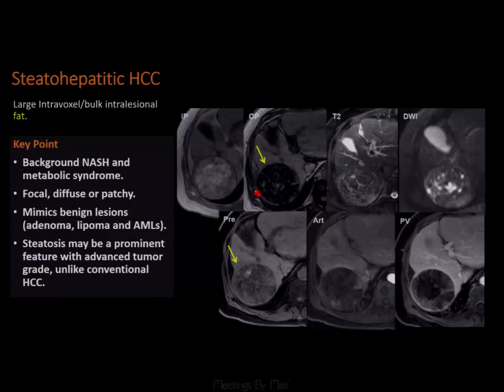We had multiple cases recently in young patients without background cirrhosis. This was a patient with cirrhosis, and biopsy determined that this was a steatohepatitic HCC. Usually you can see intravoxel fat within an HCC, but as the HCC progresses into a more advanced stage, the steatosis will become less and less apparent.